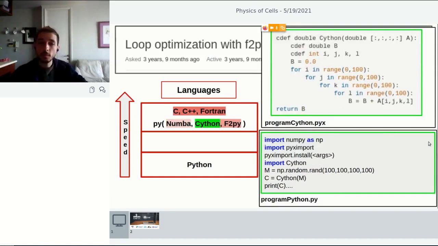Well, Cython is what's called a superset of Python. So it's not its own programming language, but it's not written in C either. The idea of Cython is that you write a .pyx program where you have your Cython module function subroutine.